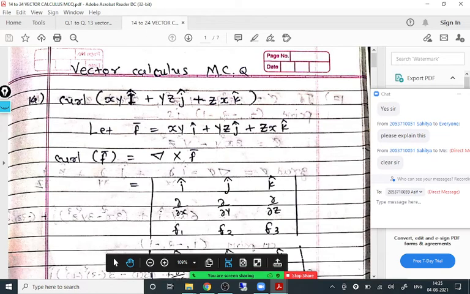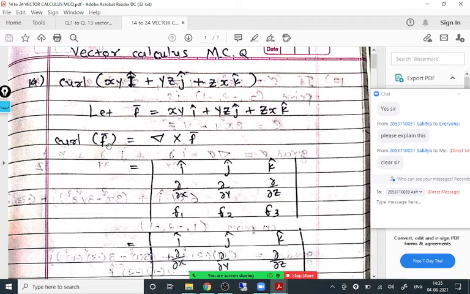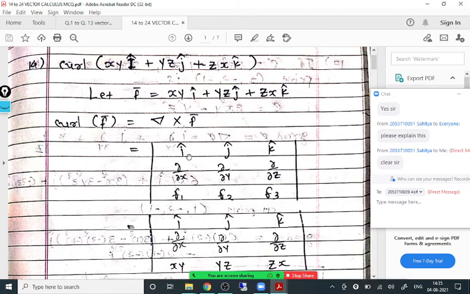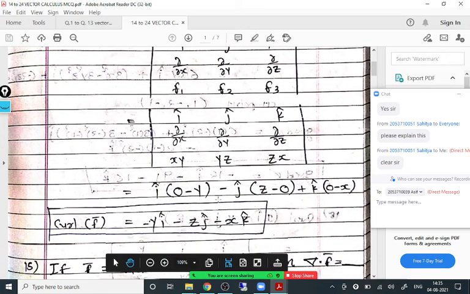These questions were completed by Neil. Question number 14, curl of xy i cap plus yz j cap plus zx k cap. So we have to find the curl. So it is del cross f bar. Yes, correct. You wrote the detail, but don't do this detailing in MCQ questions.